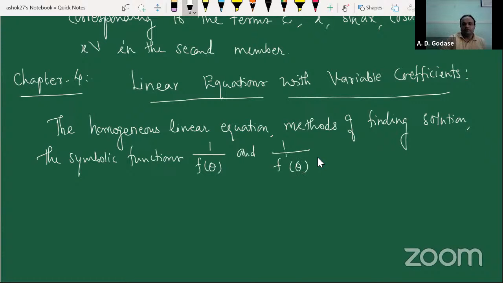So these two operators, symbolic functions, 1 upon f theta and 1 upon f dash of theta. Next, methods of finding particular integral.